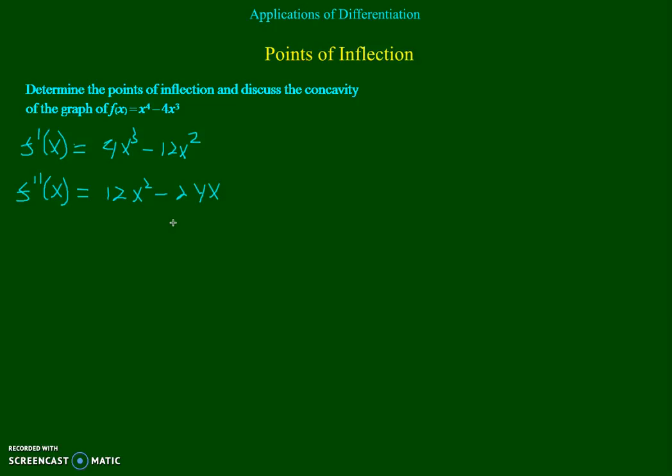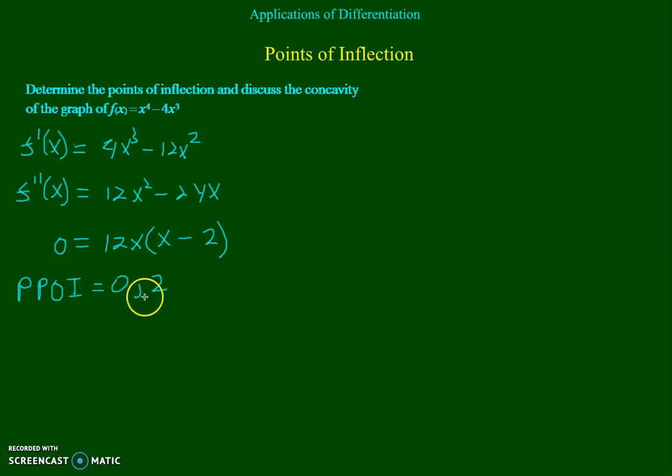And those in this function are going to exist when this function equals 0. So let's go ahead and set this equal to 0 and factor out a 12x. That gives us x minus 2. So we can see that our potential points of inflection, PPOI I'm going to call it, are 0 and 2.